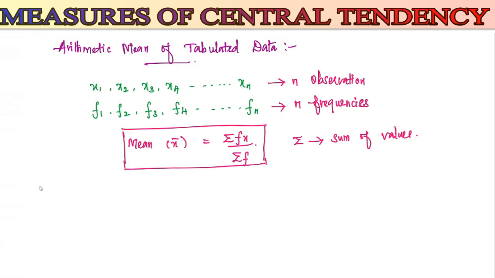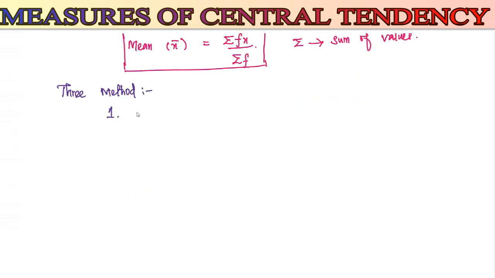To find the mean when the frequency distribution of a continuous series is given, we use the following three methods. First one, direct method. Second one, shortcut method.